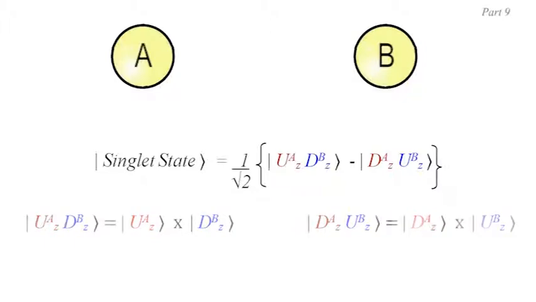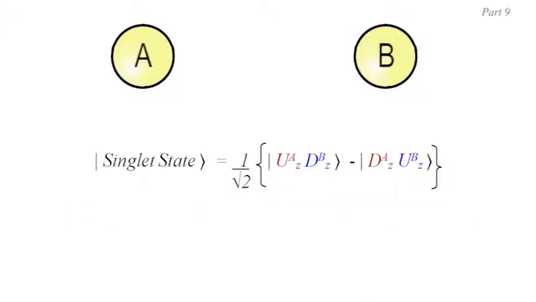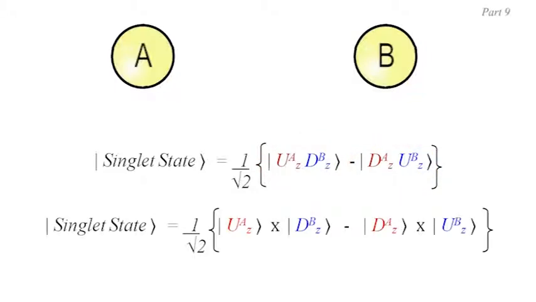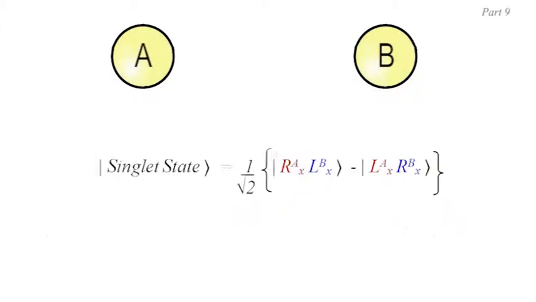So, if in our singlet state, instead of writing the up-down basis part of it like this, we write it as the multiplication of up and down, and if we do the same for the down-up basis, we get this expression. And if we then substitute for the ups and downs in terms of lefts and rights from our previous rearrangement, play around with the mathematics, it eventually boils down to this.